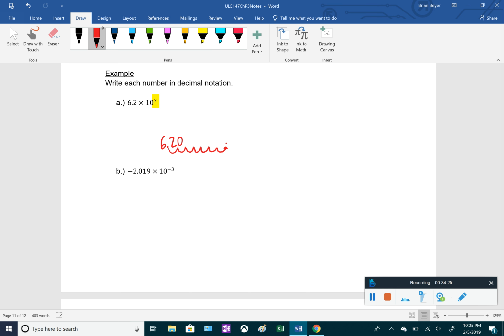We need to fill in zeros here. So our answer here is 62 million. So 6.2 times 10 to the 7th is essentially 6.2 times 10 million, so 62 million. We can do this because we are in the decimal system, which is base 10, which just involves moving the decimal point over.